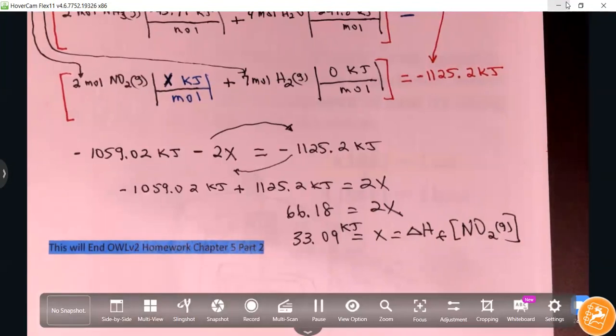So that's not super ugly. Maybe not super pretty, but not super ugly, right?